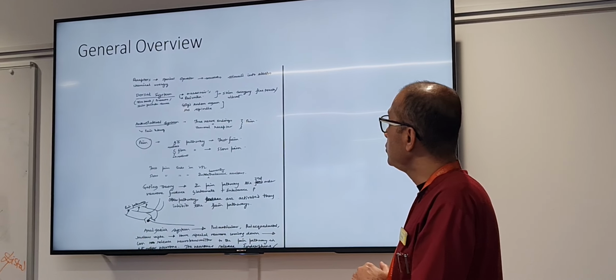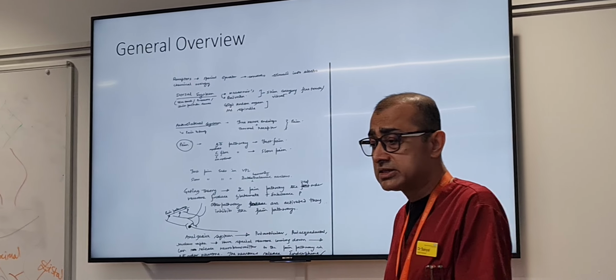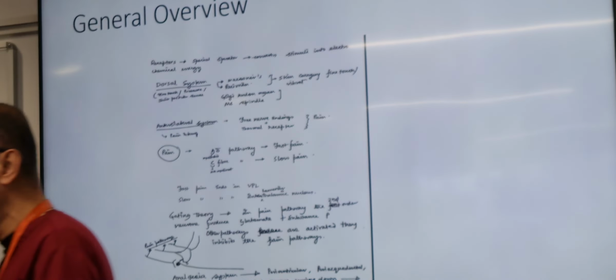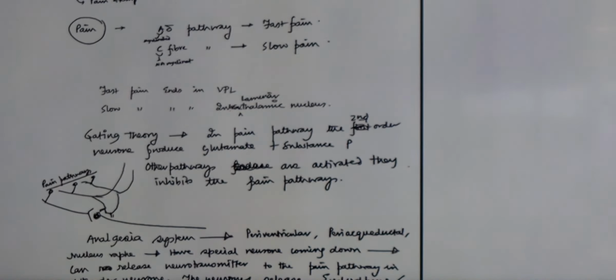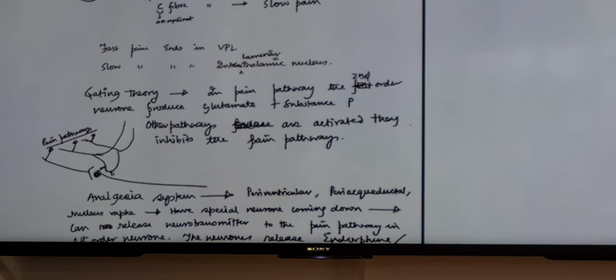So when it comes to the dorsal system or dorsal column, what sort of information do they carry? Fine touch, vibration, and proprioception.